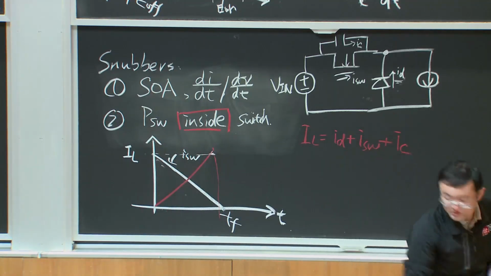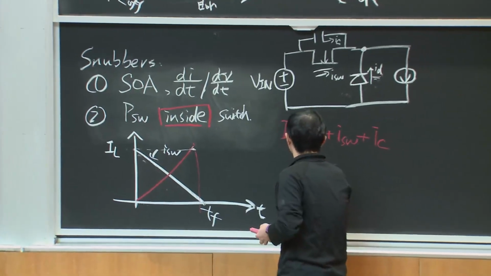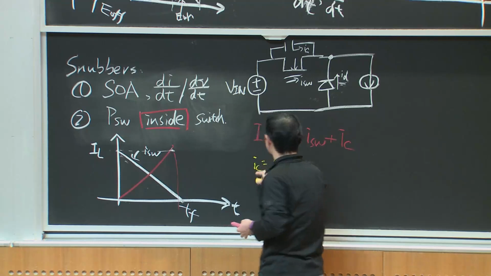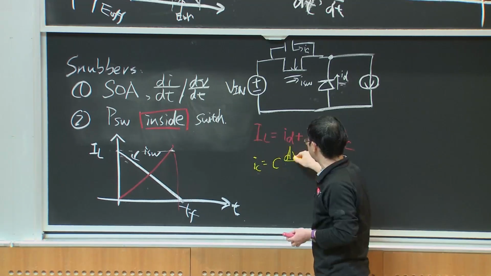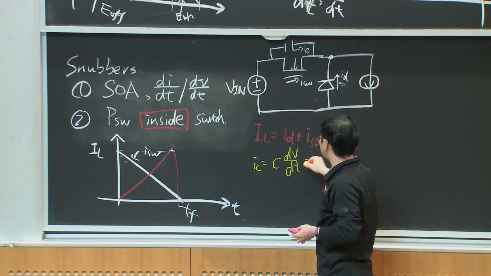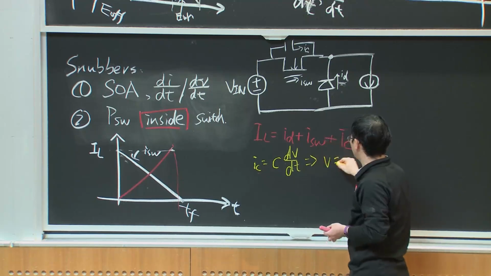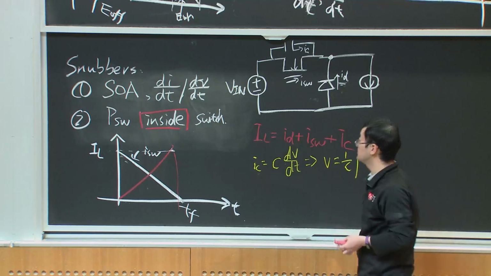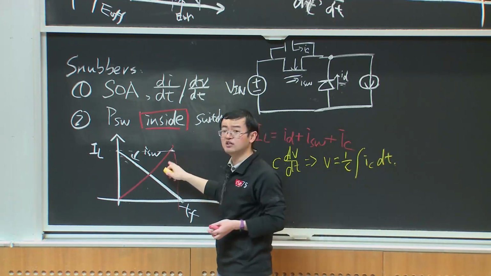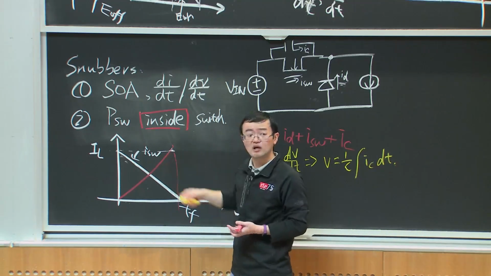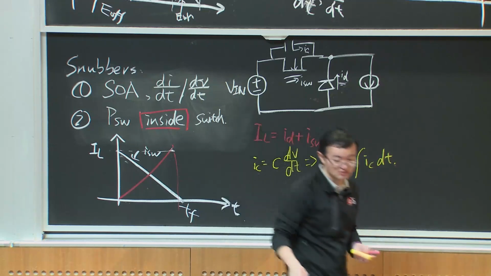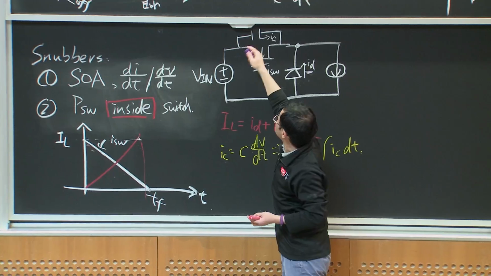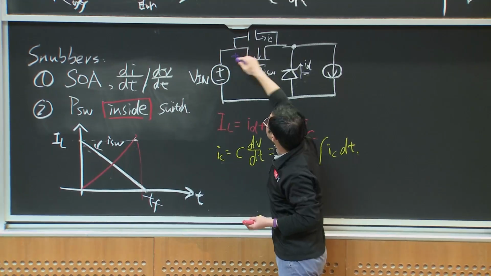And for the capacitor voltage, we know that the capacitance current will be C times dV/dt. Correspondingly, the voltage of the capacitor will be the integral of the capacitance current. And here, if we have a linear capacitance current, we will have a quadratic capacitor voltage. And that capacitor voltage will be the switch voltage at the same time.